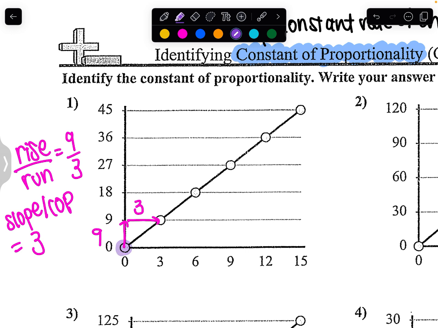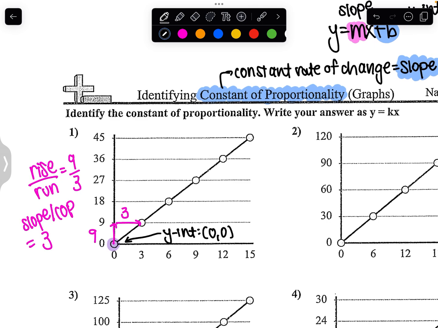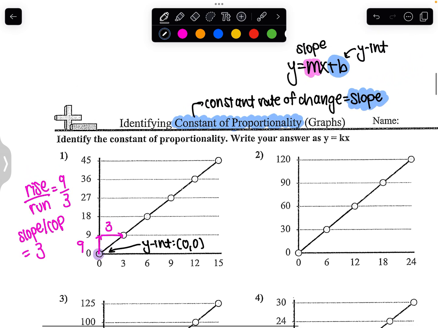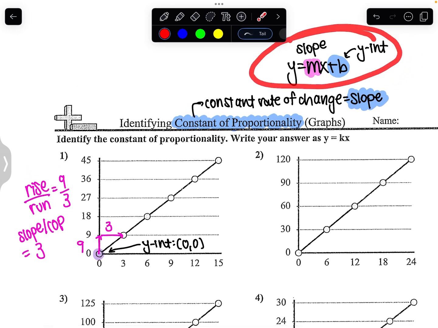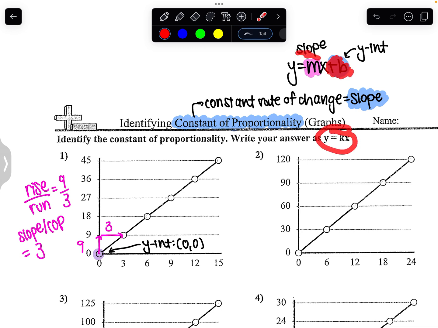And then the y-intercept, always for a proportional relationship, is going to be 0, 0. Which means that in my equation of y equals mx plus b, the b is always going to be gone. So when it says y equals kx, that's the same thing as y equals mx plus b, where b is 0 and m is the slope. We just use k for constant of proportionality.